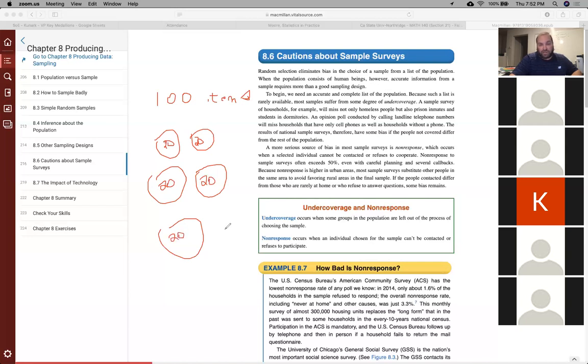A stratified sample says take some from here, some from here, some from here, some from here, some from here. Take a little bit from each piece. A cluster sample says just take those pieces. So I take some of the pieces in their entirety versus a little bit from each piece. This is a cluster.